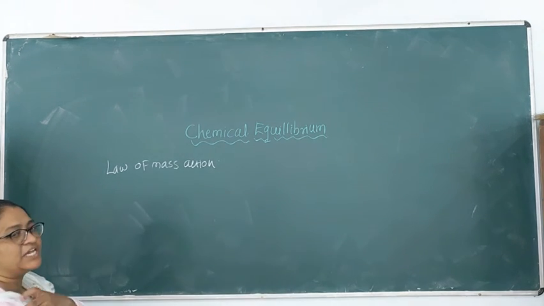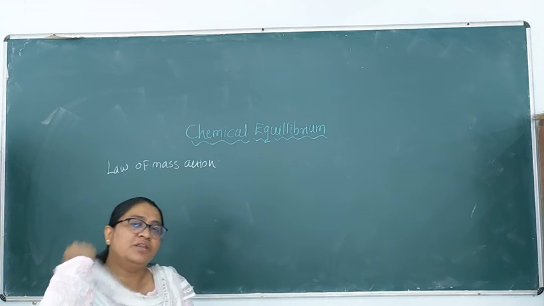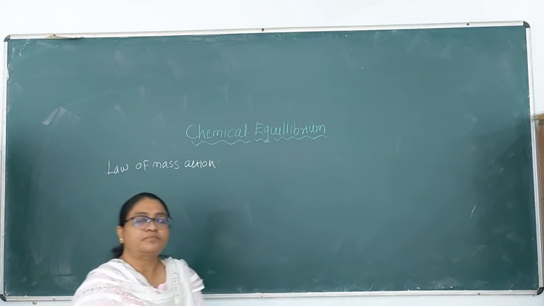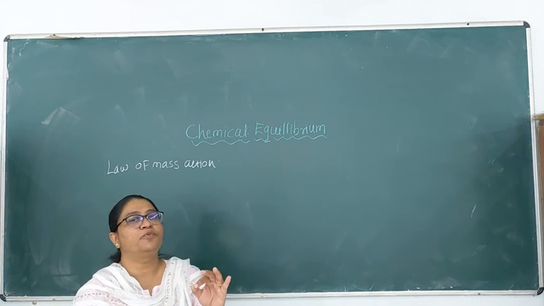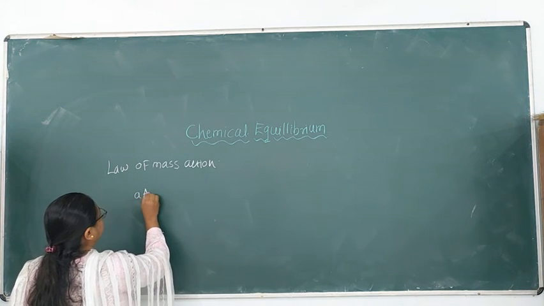Now the law of mass action is: the rate of any chemical reaction is directly proportional to the concentration of the reactants raised to their proper powers. See, for example, this is the reaction.